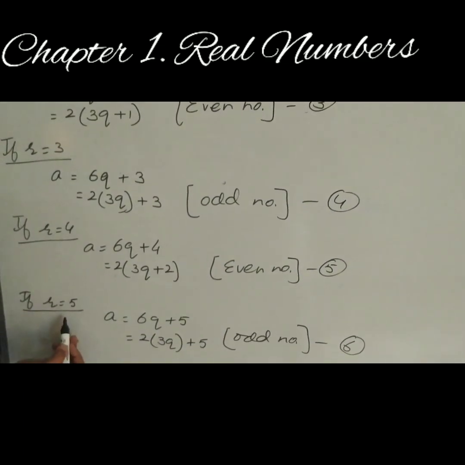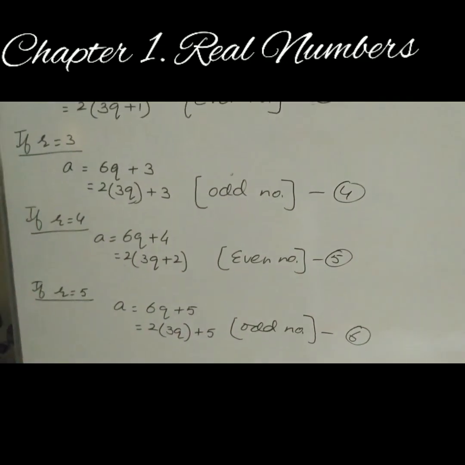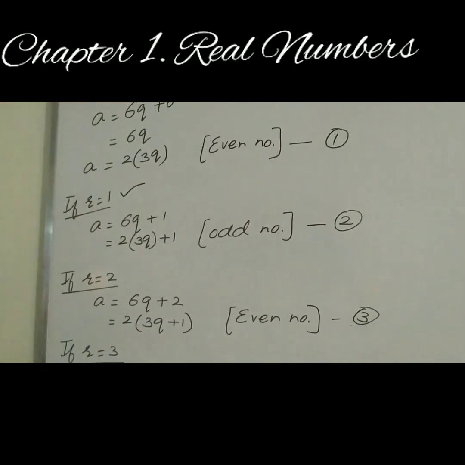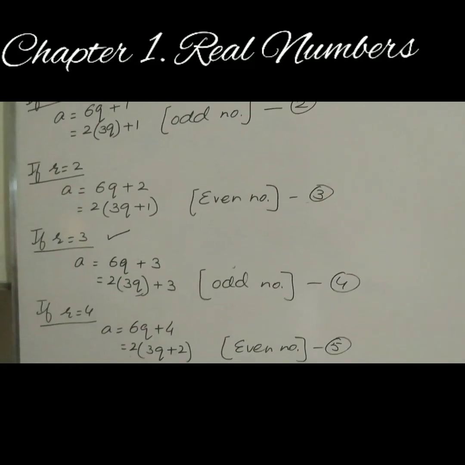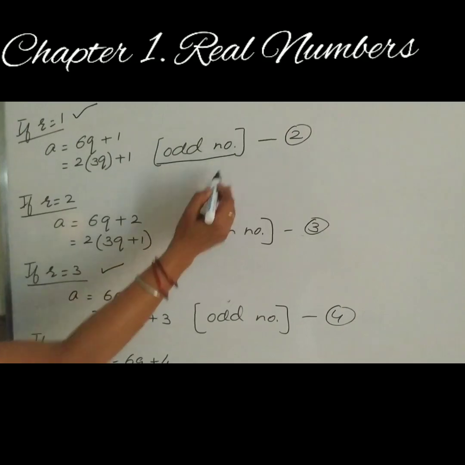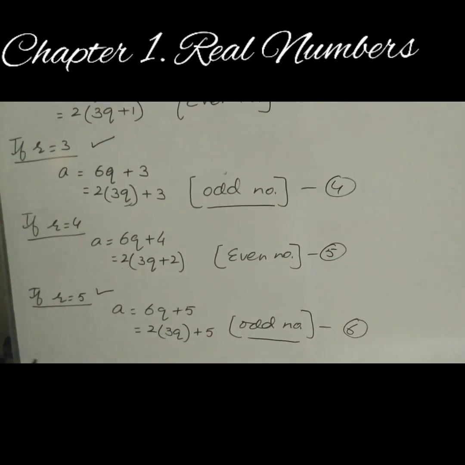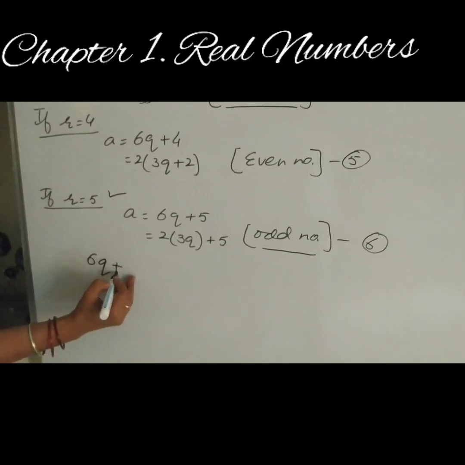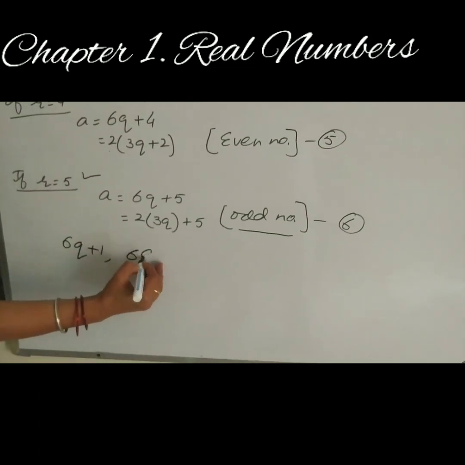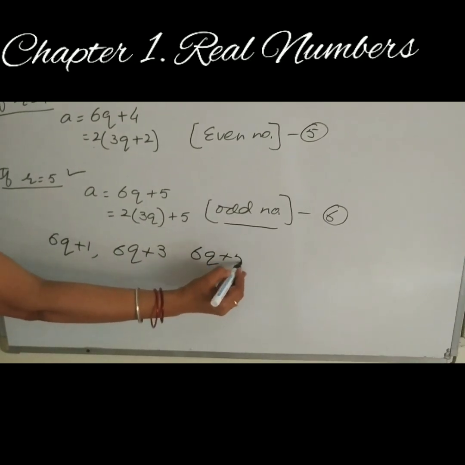And if r is equal to 5, again we are getting odd number. Now just see, in case of r equal to 1, r equal to 3 and r equal to 5, we are getting odd numbers. So we can say every odd integer is of the form 6q plus 1 or 6q plus 3 or 6q plus 5.